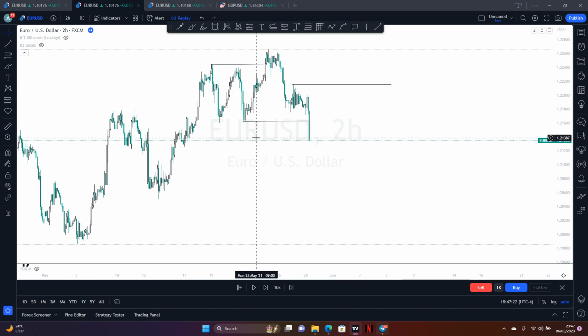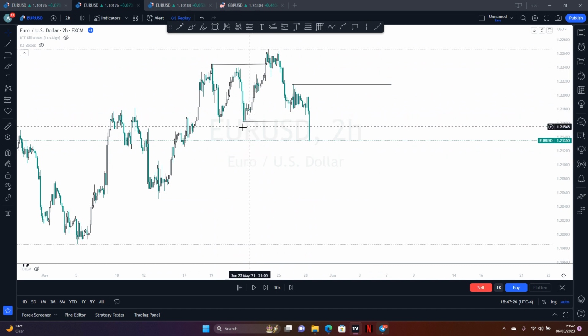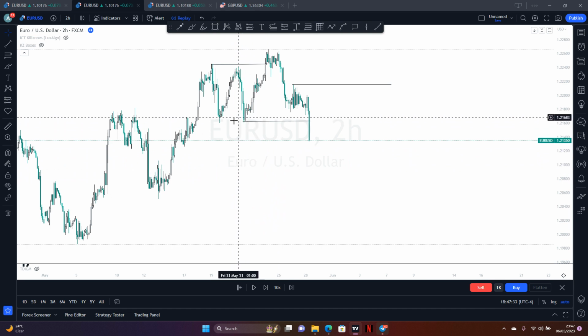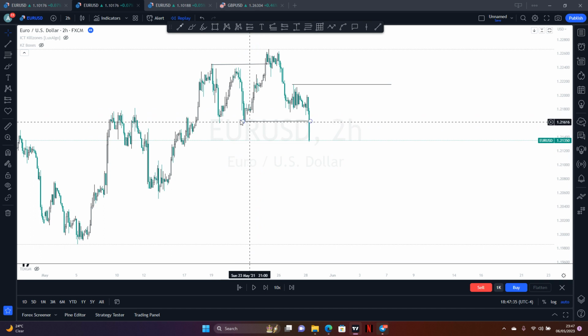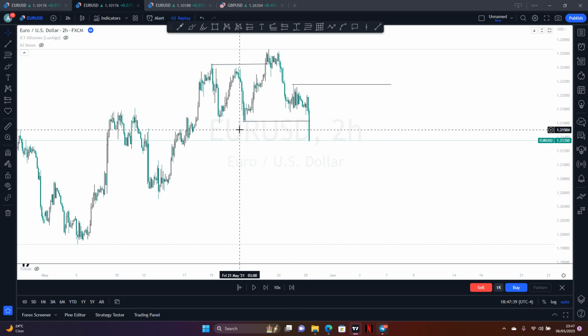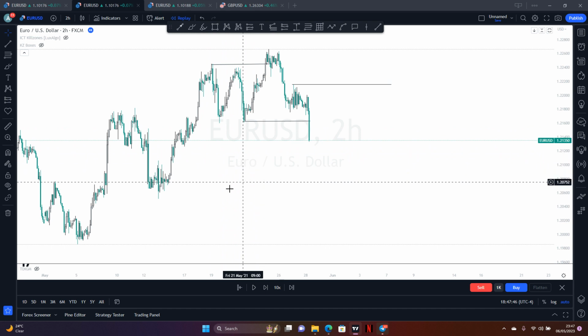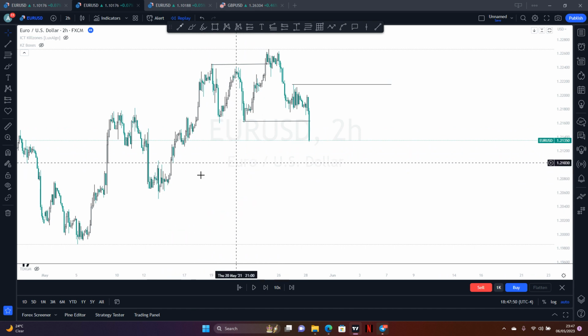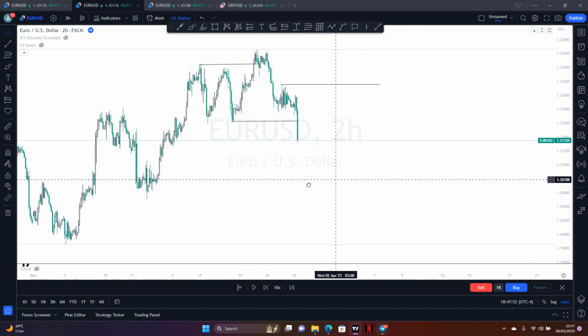This is not valid because this low failed to come into the discount price. So we wouldn't actually consider this a valid zone. We might just be taking a shot here to either mitigate or come down deeper into our discount, and then if there is a shift of this low right here, only then will we consider that price has shifted in structure.